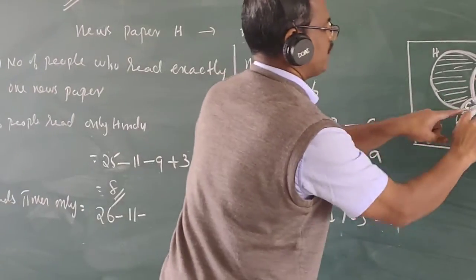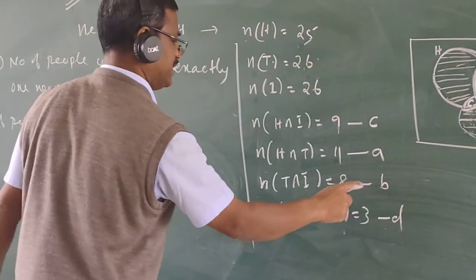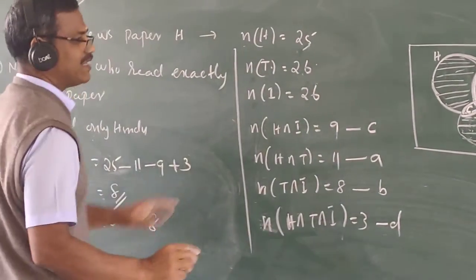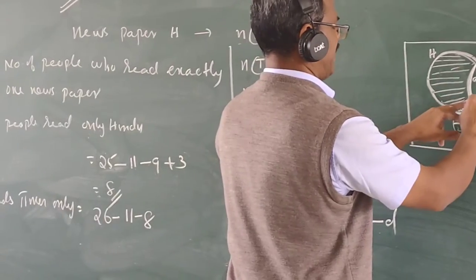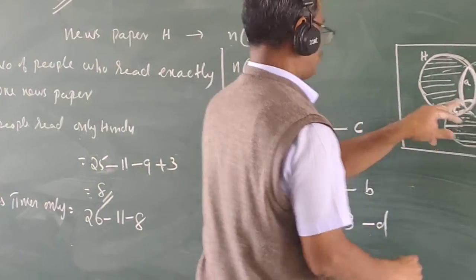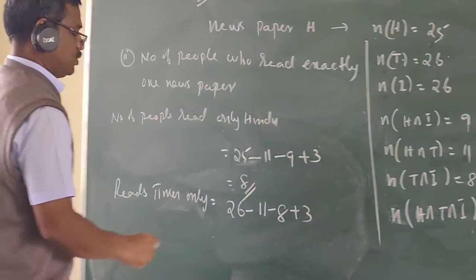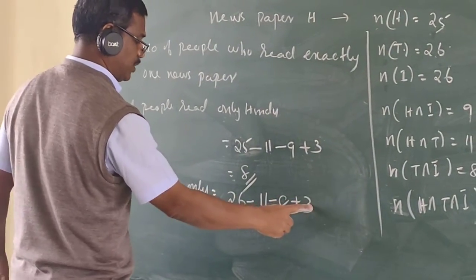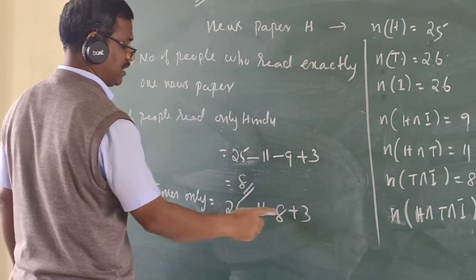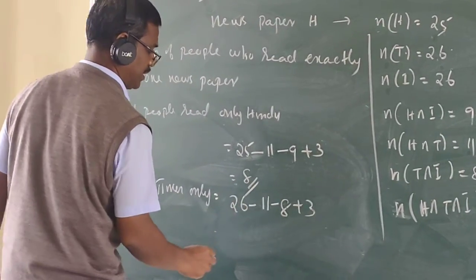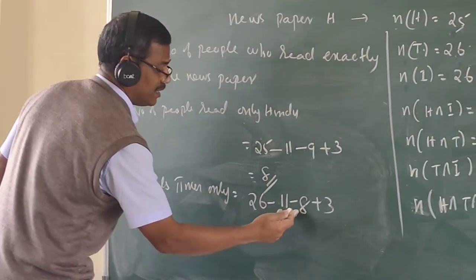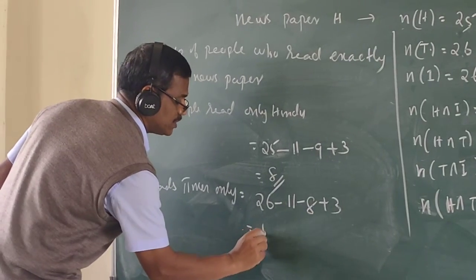And from that you have to remove B. B is 8. Again the same problem: when you remove A and B, this portion is removed two times, so that is to be added. That is 3 added. So now 26 plus 3, 29. 29 minus 19. So it is 10.